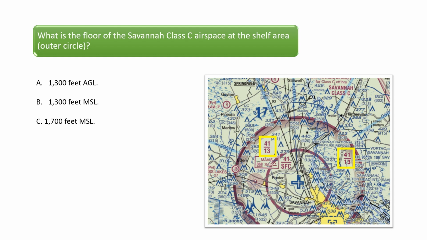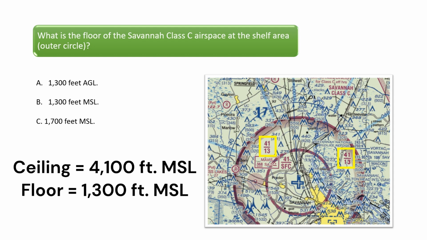To get the exact altitude, just add 2 zeros to the numbers. Thus, the ceiling of the Class C airspace surrounding the Savannah Airport is 4,100 feet above mean sea level, which is abbreviated MSL. The floor of the Class C airspace in the outer ring is 1,300 feet MSL.